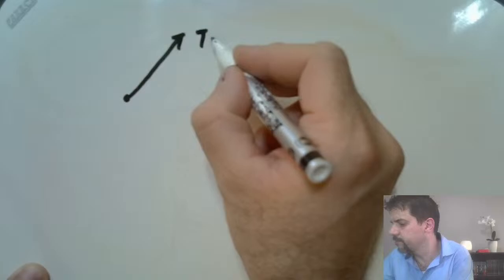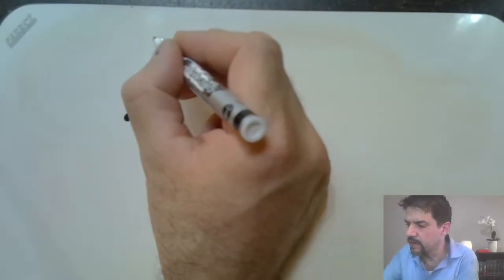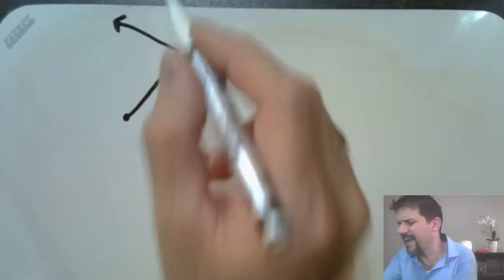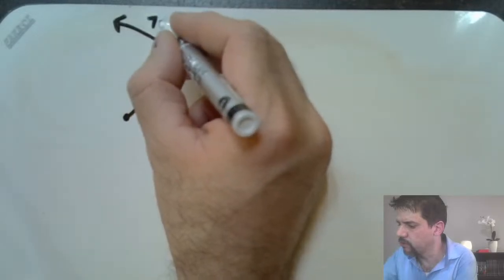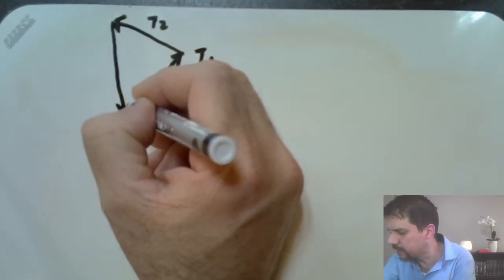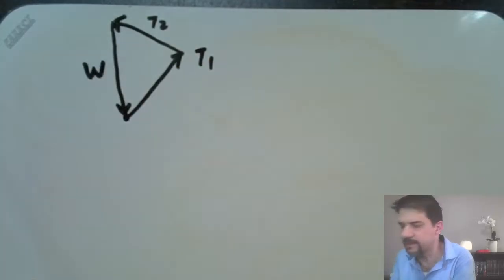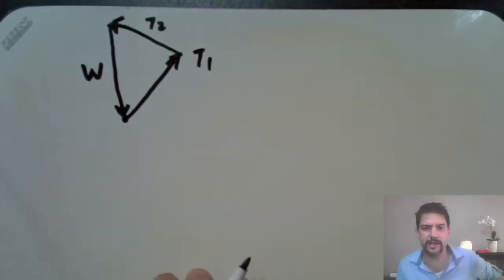That is T1. The second force, starting from the head, is going in that direction. Remember, it does not need to be accurate. This one is T2. And then the last one must close straight down, which is actually the weight. This one is the triangle they want you to draw. It is a closed vector diagram.